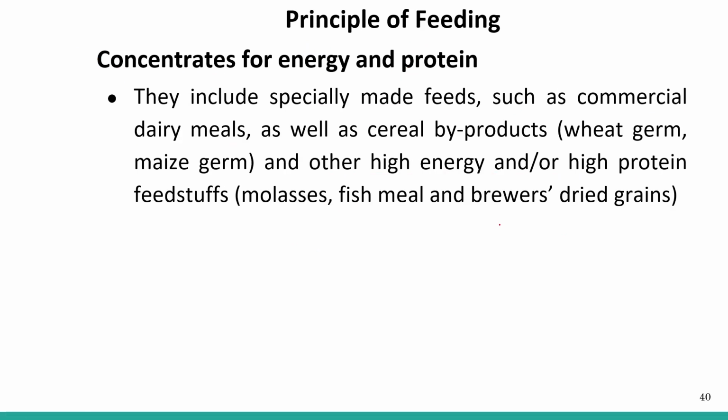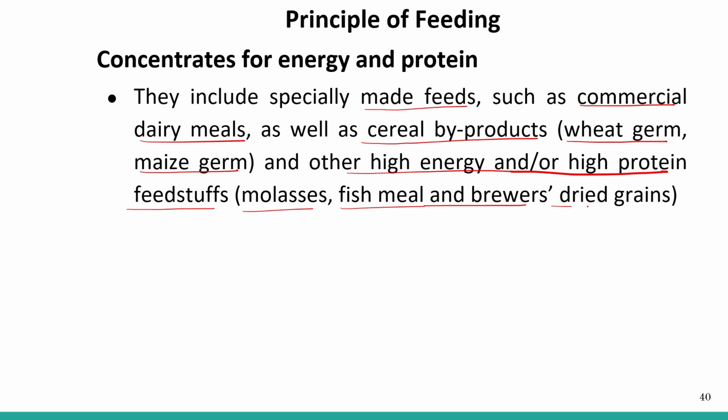They include specially made feeds such as commercial dairy meals as well as cereal byproducts. So wheat germ and maize germ are used, and other high energy or high protein feedstuffs, that is molasses, fish meal, brewers' dried grains. So for concentrates we use molasses, fish meal, brewers' dried grains, and wheat germ and maize germ are also used.